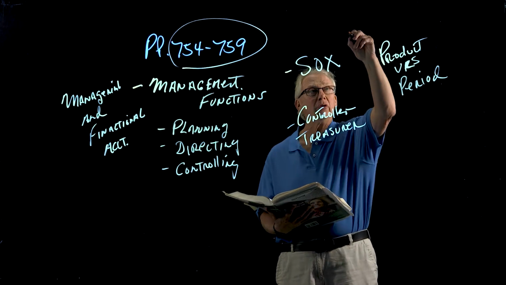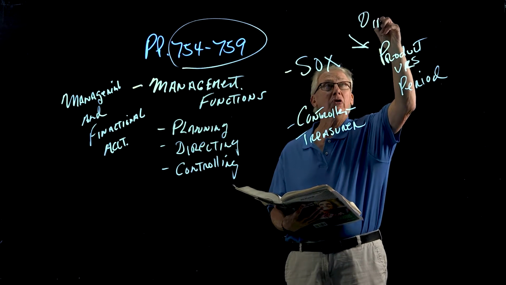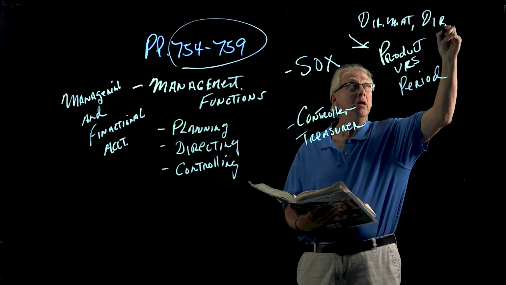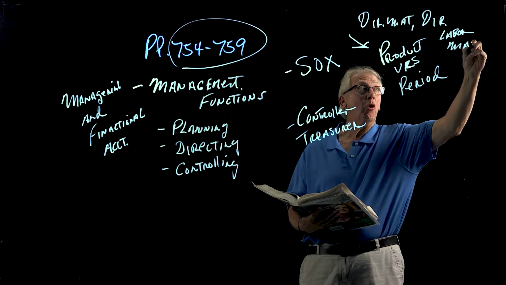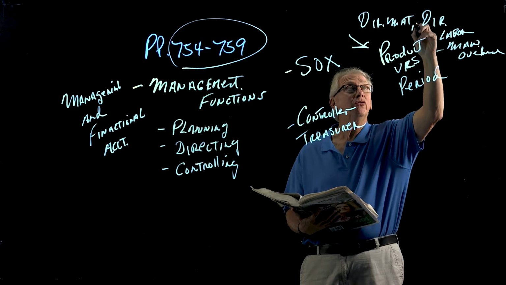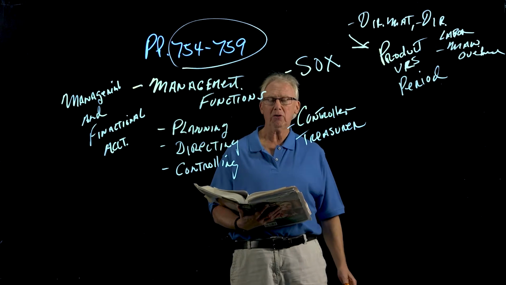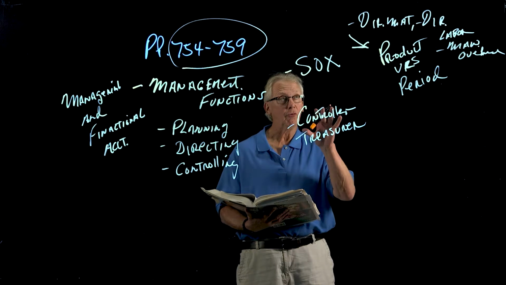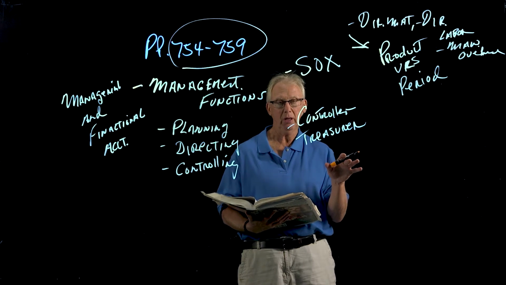And a product cost, of course, the makeup of product cost is direct materials, direct labor, and manufacturing overhead. Okay? Those are your three product costs. And another name for product cost would be manufacturing cost. Okay? So direct materials, direct labor, manufacturing overhead would be your product cost.